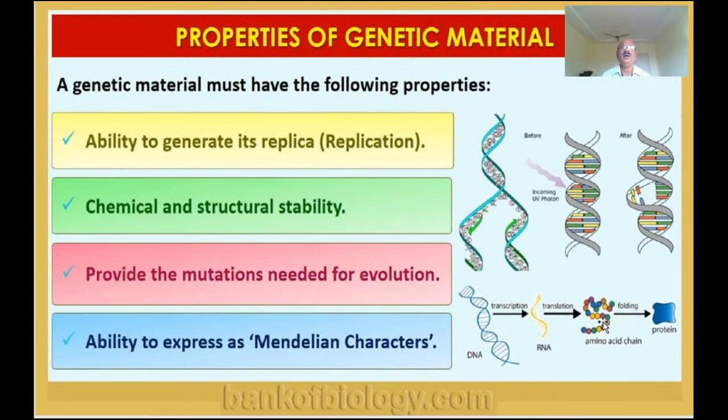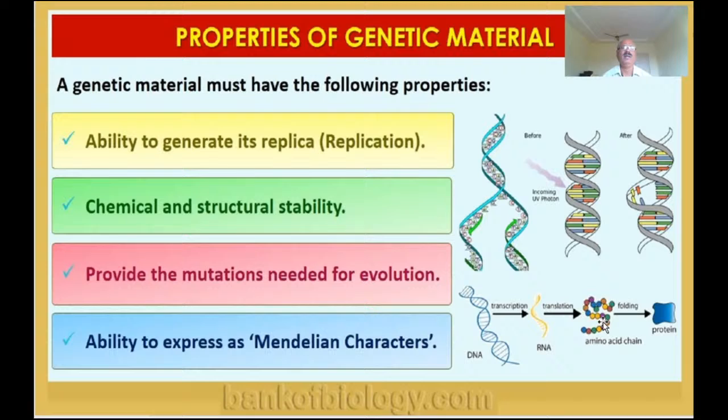Properties of genetic material. A genetic material must have the following properties. Ability to generate its replica, that means replication. That means a DNA produces a DNA, that is called replication.